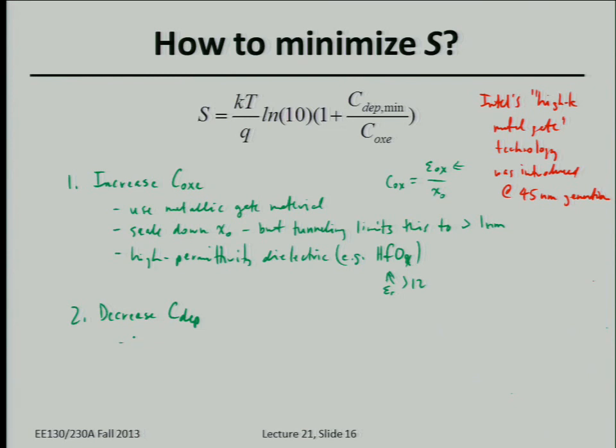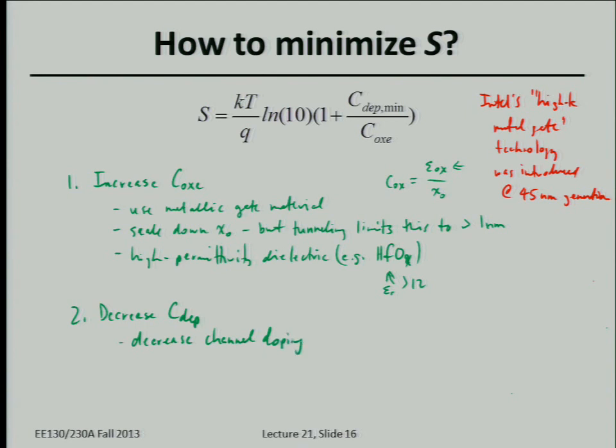Increase the width of the depletion region. And how do you do that? You can change the doping in the channel. So how would you change the doping? Decrease, right? So you can decrease the channel doping.